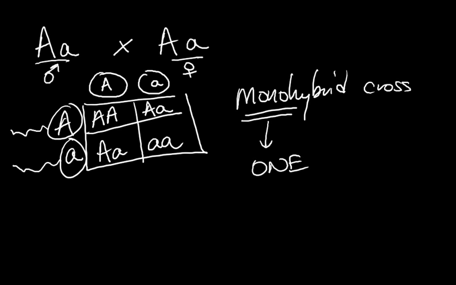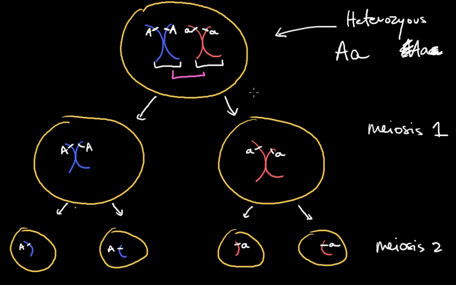And really when we're looking back at this diagram, it's a very simple model. We only have one homologous pair. Okay? And we know that we don't have this.